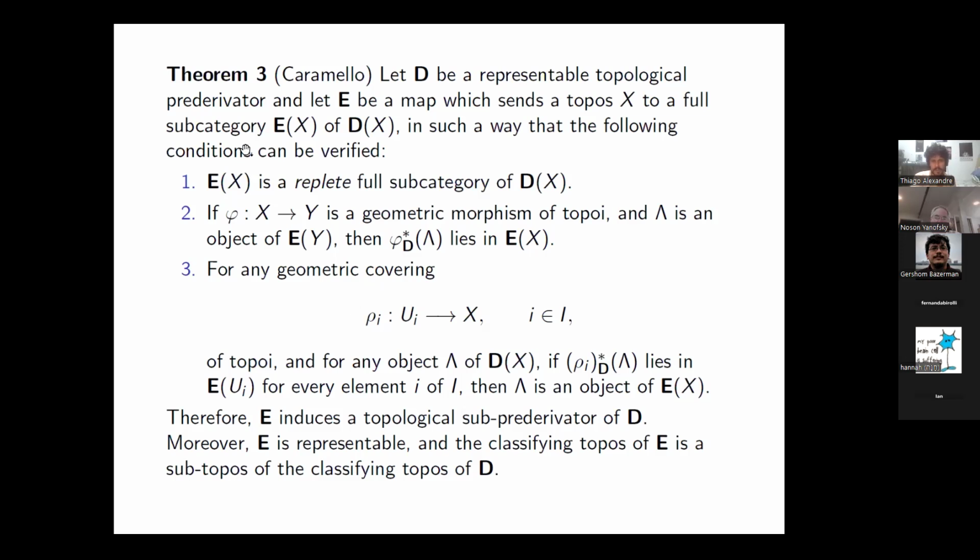It appears in a paper of Olivia Caramello, and in this paper D is assumed to be the topological prederivator of sigma-structures for a signature sigma, so L-structures for a first order language L. But what is important for me here is this third condition, in which appears the notion of geometric covering.